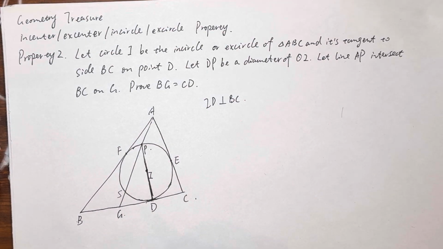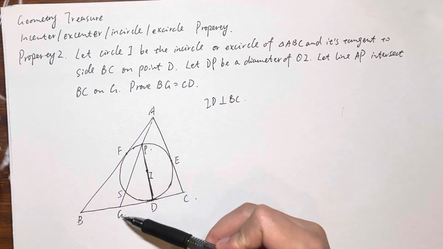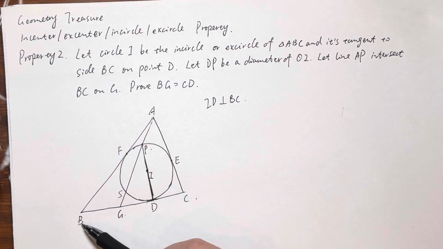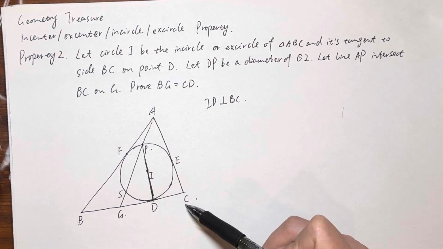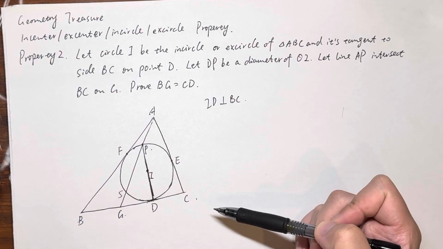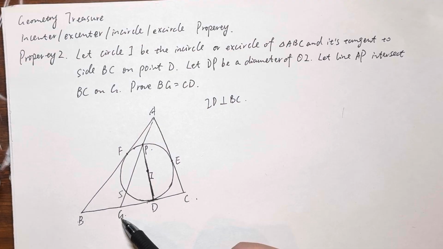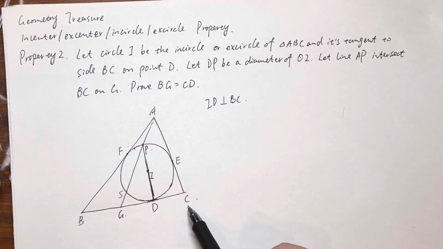If we look at DC and BG, because we want to prove that BG equals DC, we want to have some information about BD and CG. If we can prove that BD equals CG, that's a method, right? And for BD and CG, it looks like we can have some information because G is the intersection point of AP and BC.